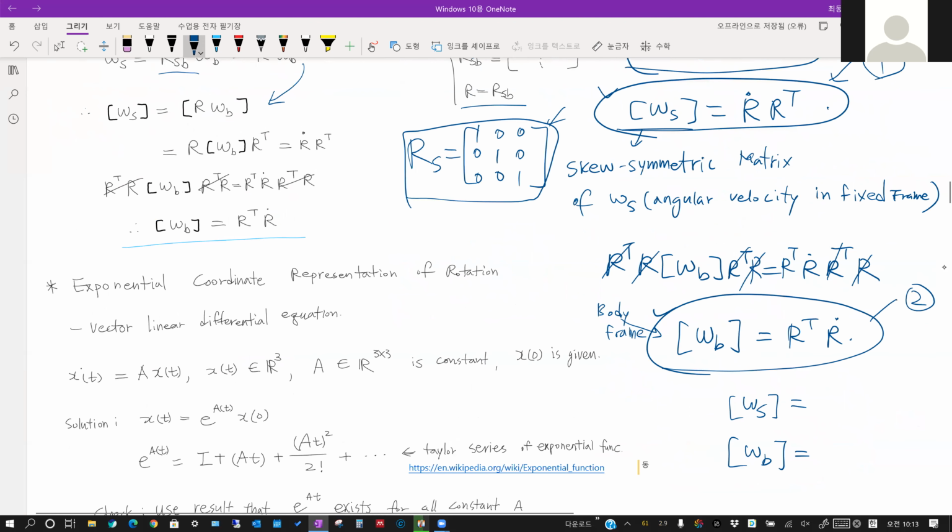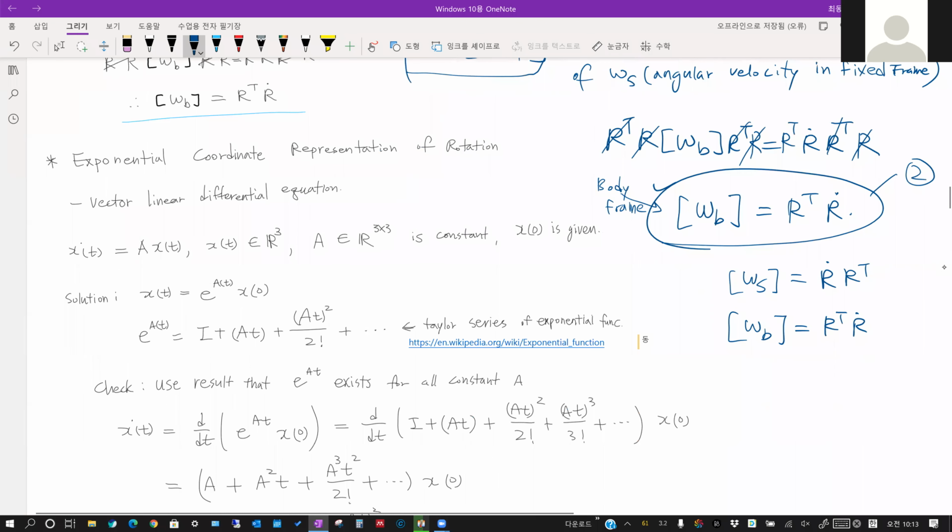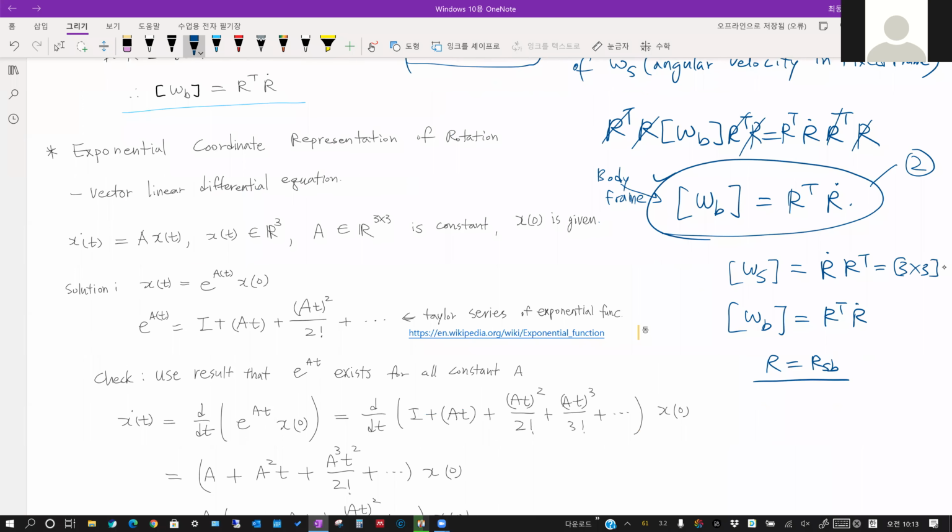And in here, R equals R_SB. And if we know this 3 by 3 matrix, we can get the omega S vector also.